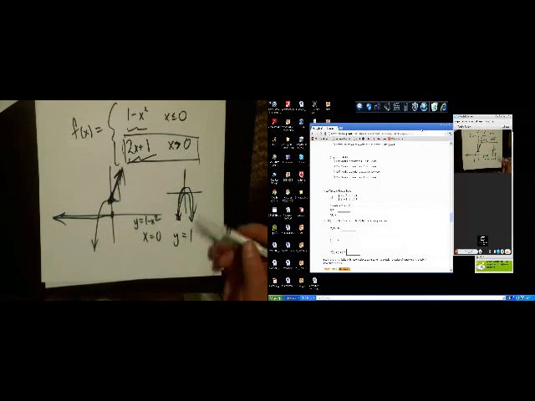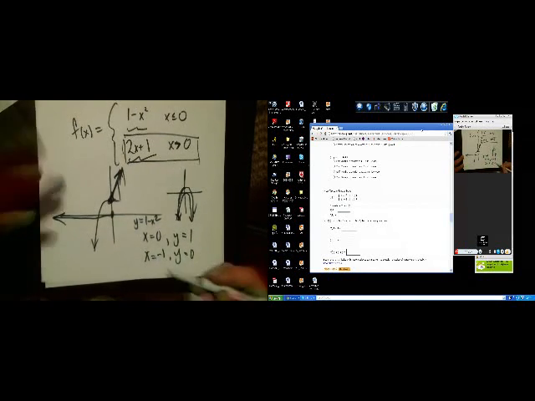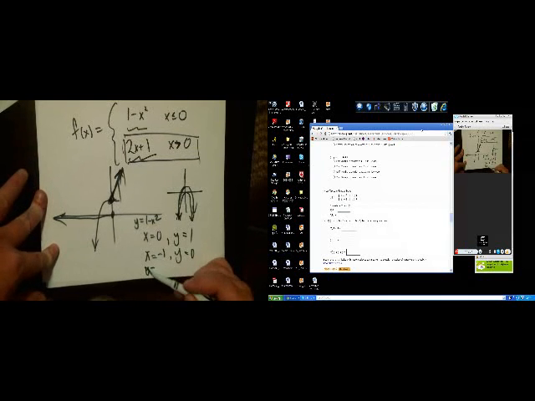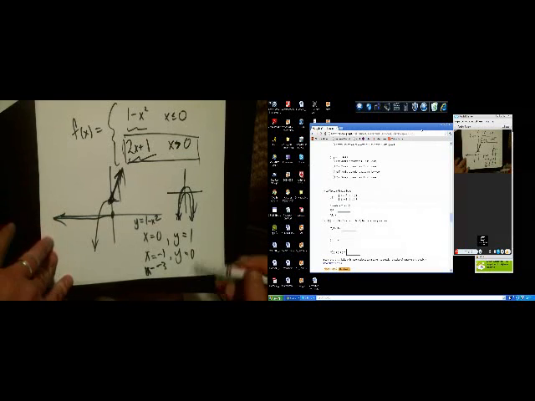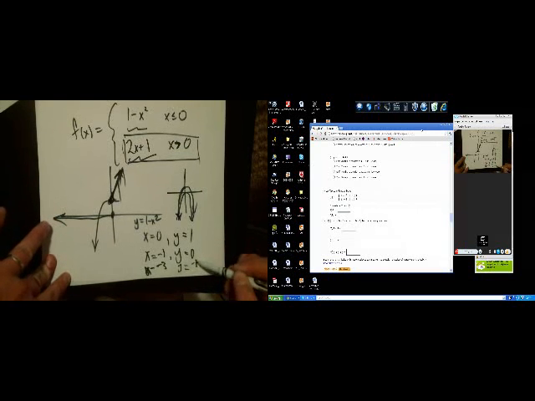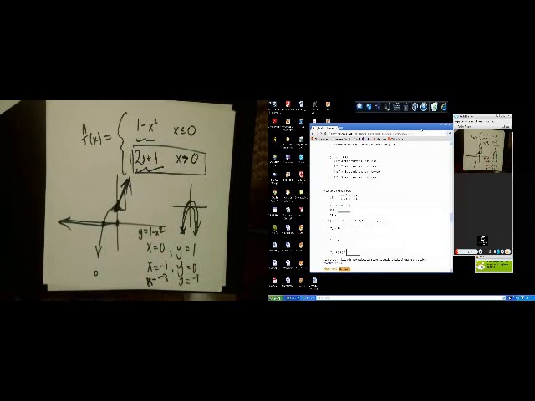Plug in x equals minus 1, I'll get y equals 0. And then maybe I'll do x equals minus 3, and get y is minus 8. Point this point and that point. So you can always do that for graphing.